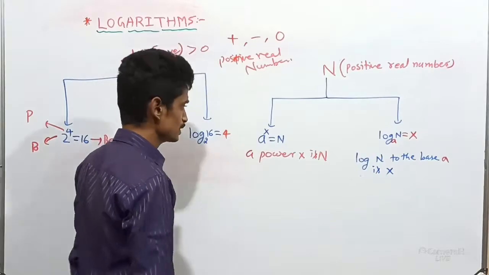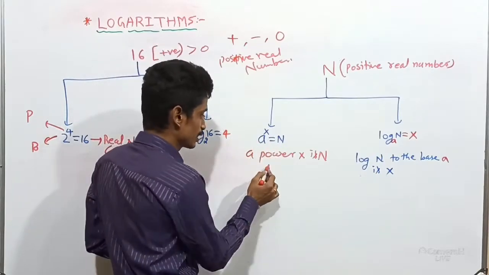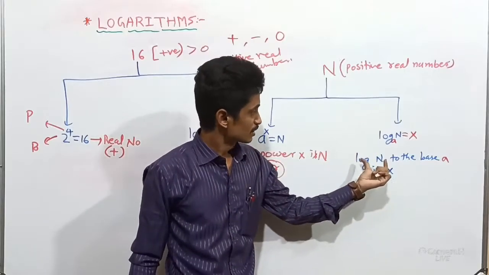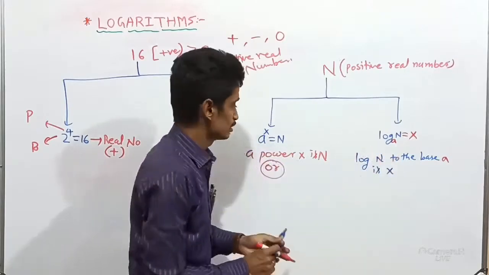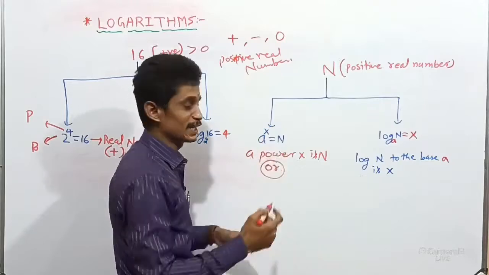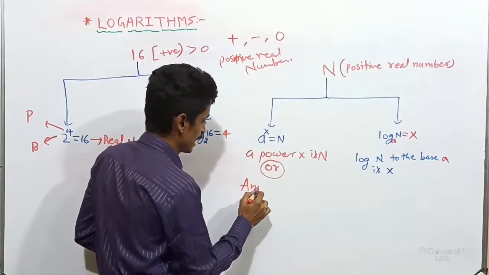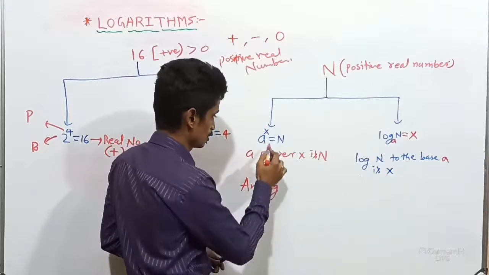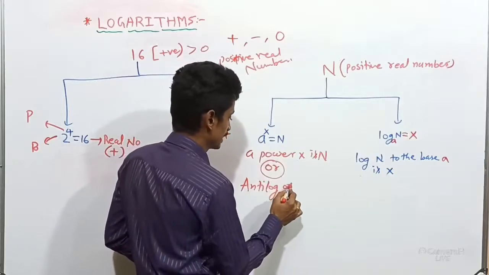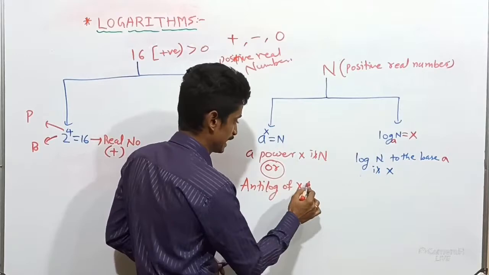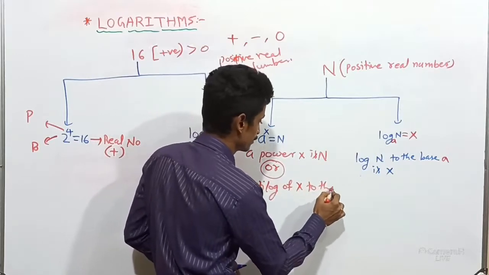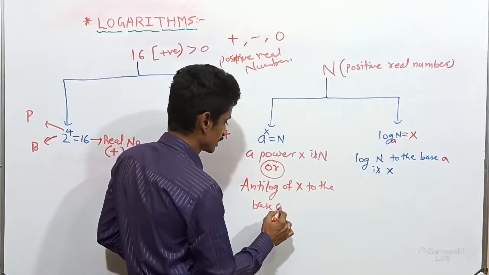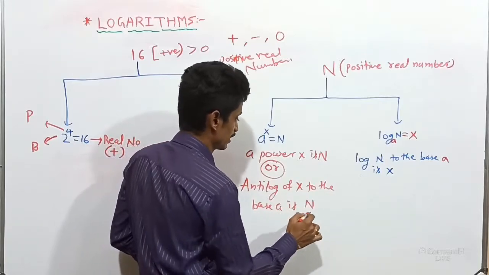Now in another way also we can read this. This is considered to be a log, and this will be considered an anti-log. How to read this one? Anti-log of x to the base a is what? n.